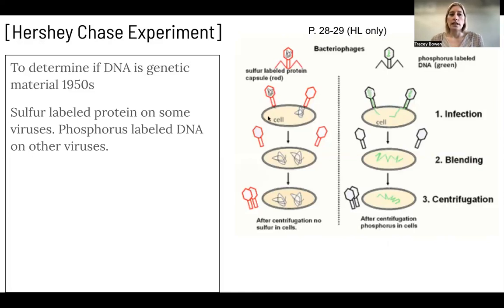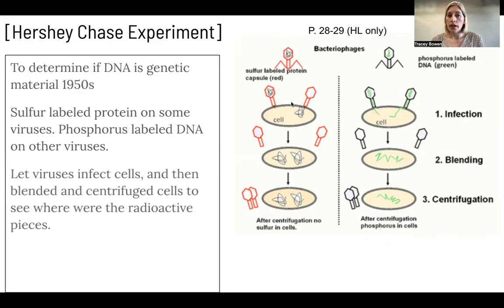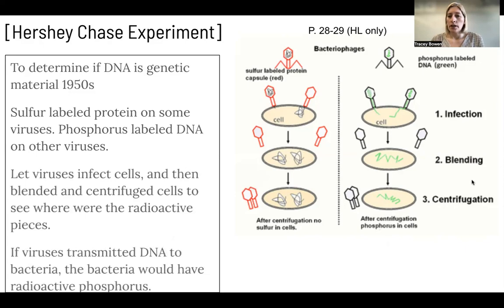And so they were testing to see if when the viruses infect the cell, it's the protein that goes into the cell or if it's the genetic material that goes into the cell. And so if the genetic material is going to be DNA, then the bacteria will have that radioactively labeled isotope in its structure.